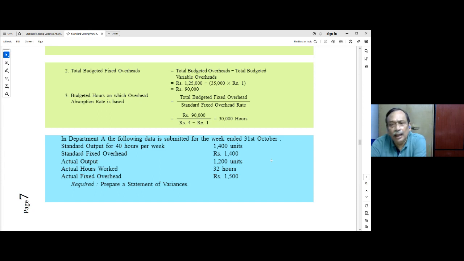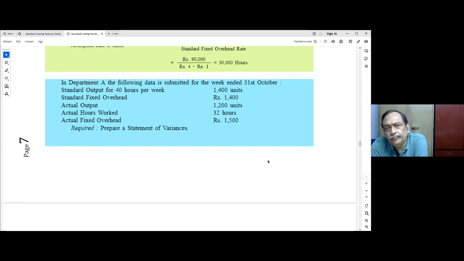Okay, now we are coming to the next problem. In Department A, the following data is submitted for the week ended 31st October. Standard output for 40 hours per week is 1,400 units. Standard fixed overhead is given, rupees 1,400.